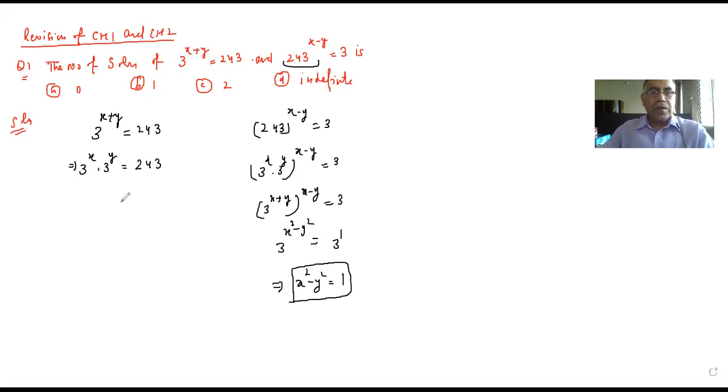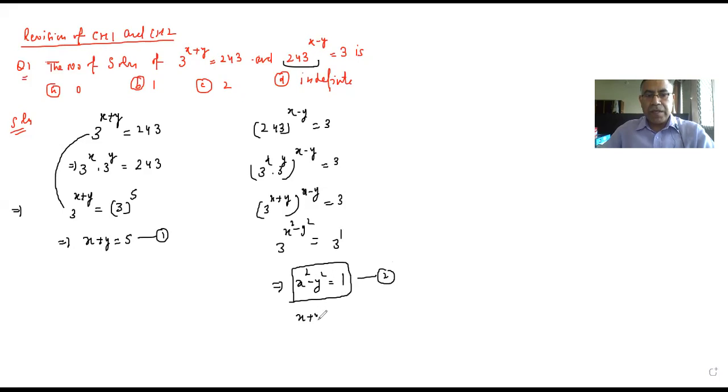Now, from here, 3 raised to power x plus y is equal to 3 raised to power 5, which implies x plus y equal to 5. Let it be equation number 1. See, x square minus y square is equal to 1.